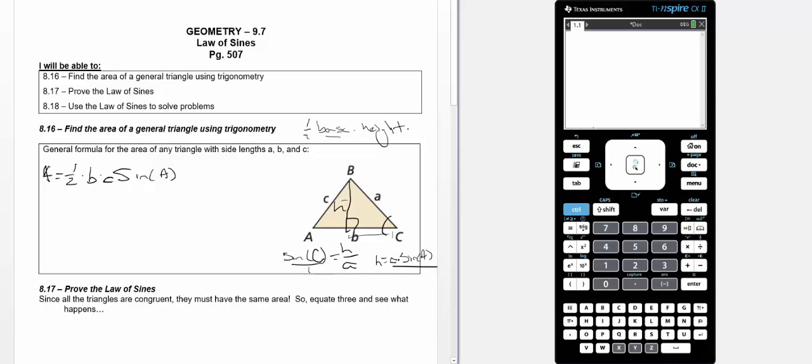When I cross multiply, the height is little a times sine of C. So another way to write the area would be 1/2 of the base, which is still b, times the height, which is a times sine C.